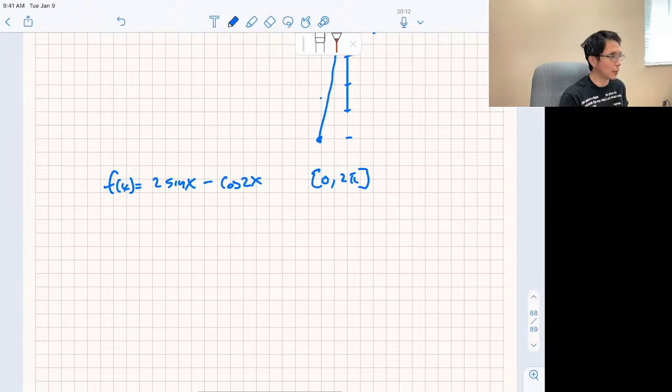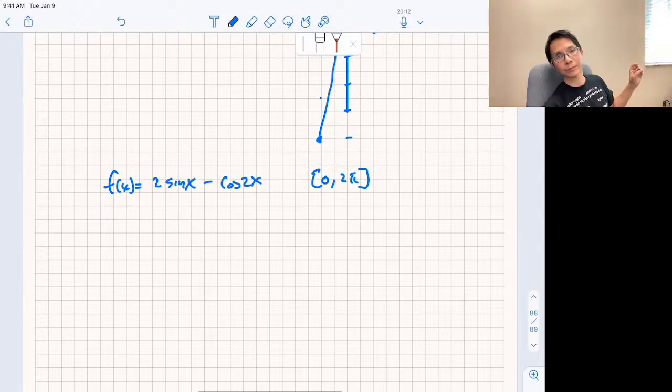I don't think it happens in this case, but in other cases it might. How many critical numbers do you get between 0 to 2 pi?